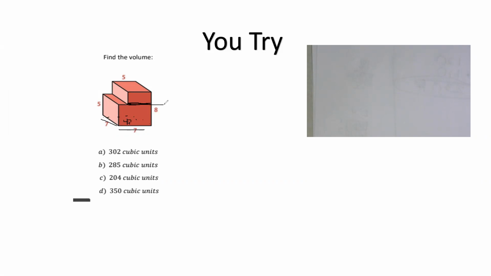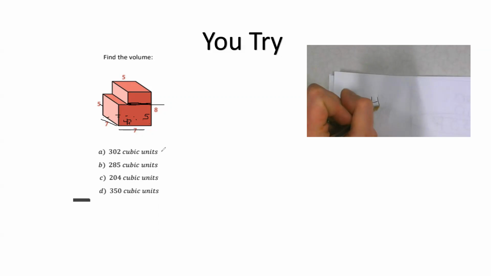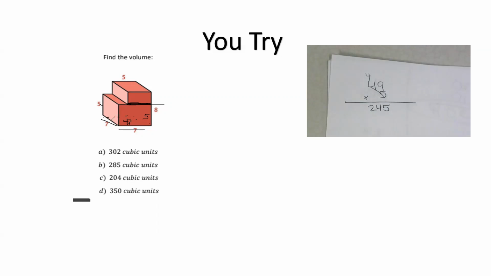Ooh, I wanted to say 8, but the way I cut it, it goes up and down only 5. Right? So 49 times 5 be half of 490. $245. So this whole thing has a volume of 245 because it's 7 by 7 by 5.